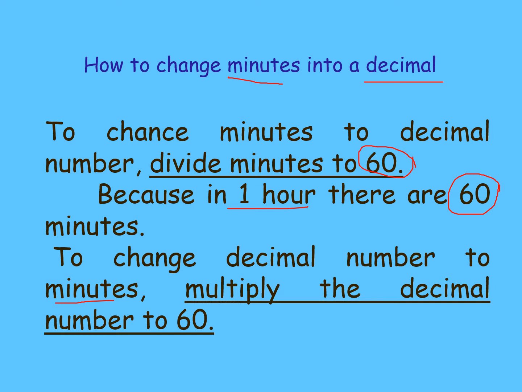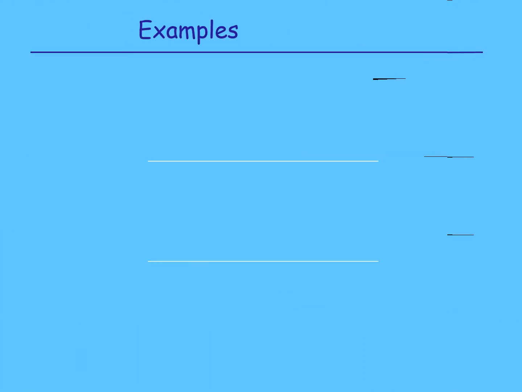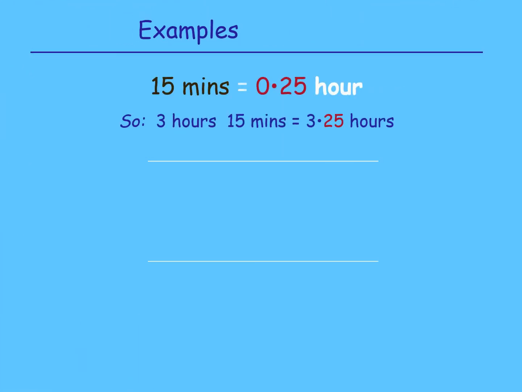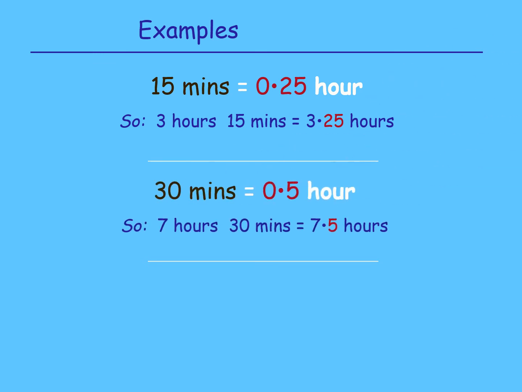Let us have an example. 15 minutes is equivalent to 0.25 hour. How did we get 0.25? We have 15 minutes divided by 60. So, 3 hours and 15 minutes is equivalent to 3.25 hours. 30 minutes is equivalent to 0.5 hour.